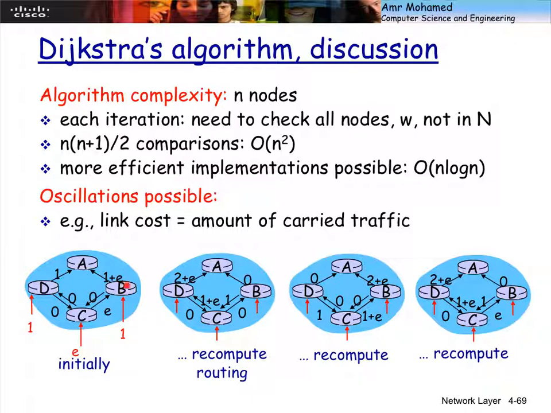However, from B to A, I have this 1 unit of traffic that is going from B to A, and I have this traffic that goes from C to A. Okay? So the cost here is 1 plus E. So where does the 1 plus E come from? Right? So that's the current situation of the network. So now we have 1 and we have E and we have 1 plus E. Okay, so that's the current load.